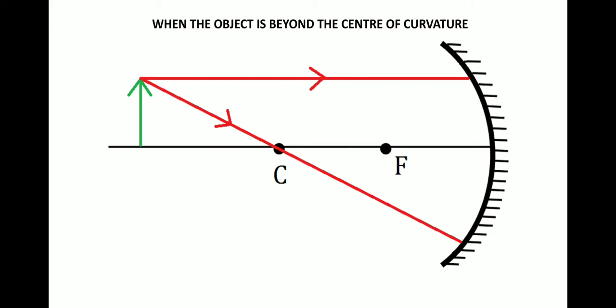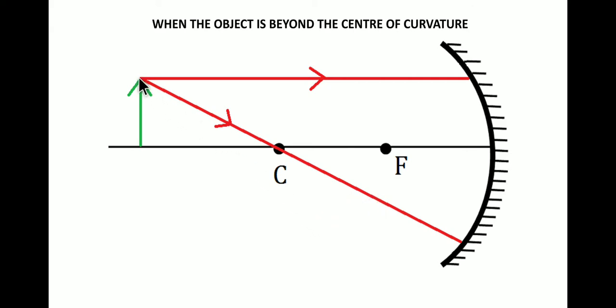Now you need to understand, whenever any ray is parallel to the principal axis, meaning this line, then it will always pass through the focus, or if the light passes through the focus, then it will be parallel to the principal axis. So that is the first condition.